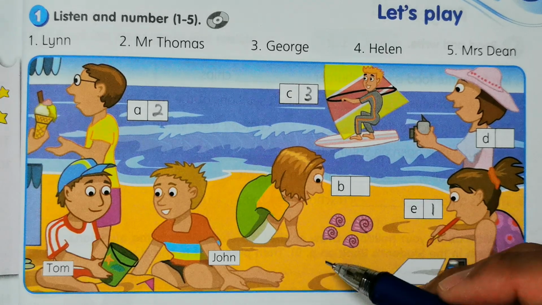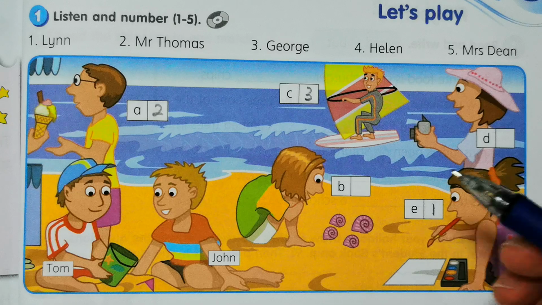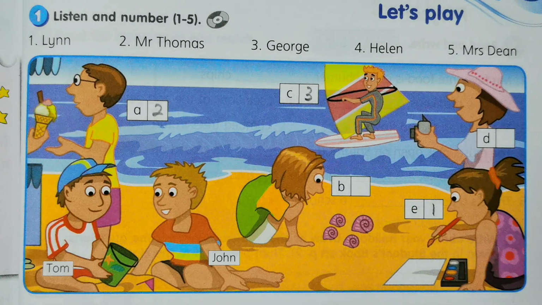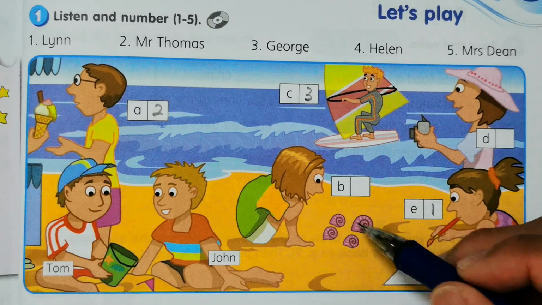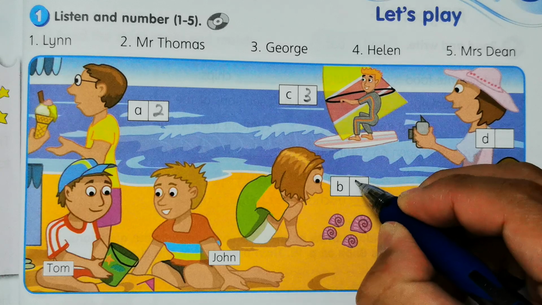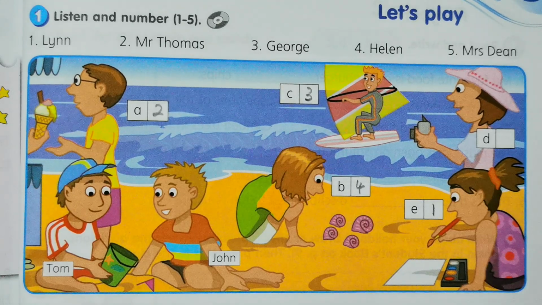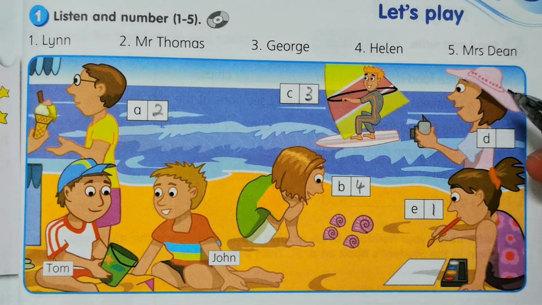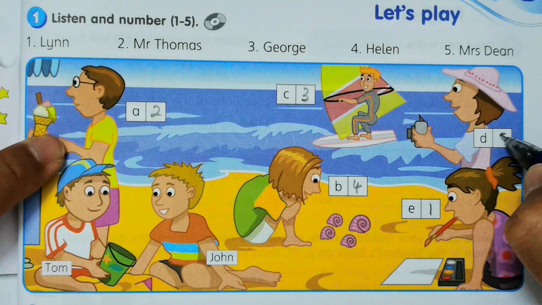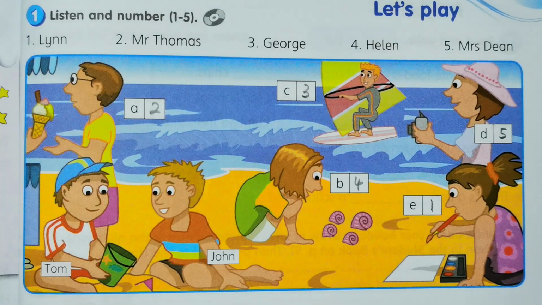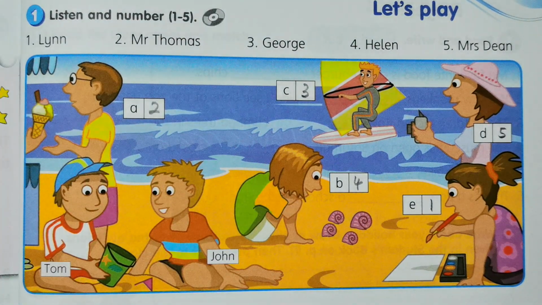Yes, I did. Did you swim? No, I didn't. I walked on the beach and I saw a lot of shells. They were very pretty. 5. Mrs. Dean, who took these pictures? I took them. I went to the beach yesterday and I took a lot of pictures. They're very pretty pictures. Thank you.